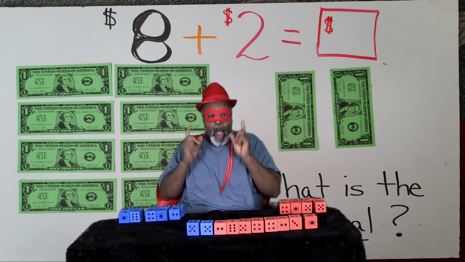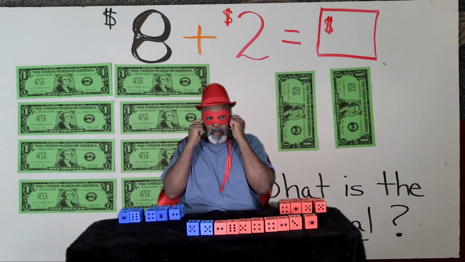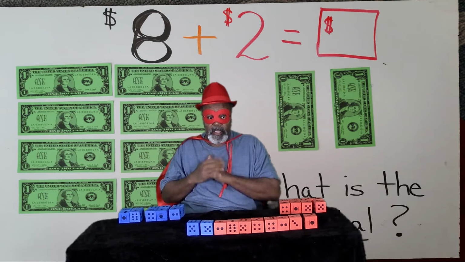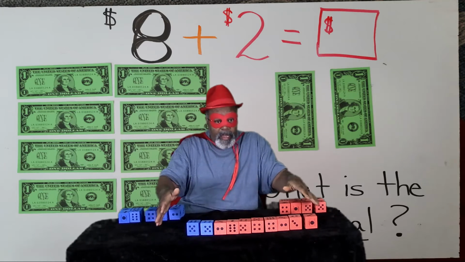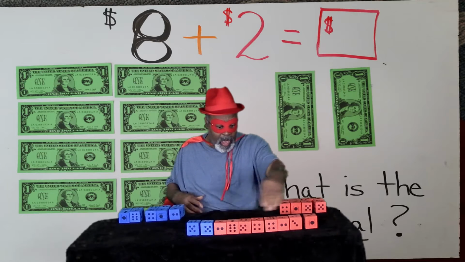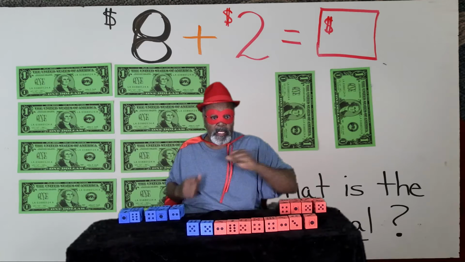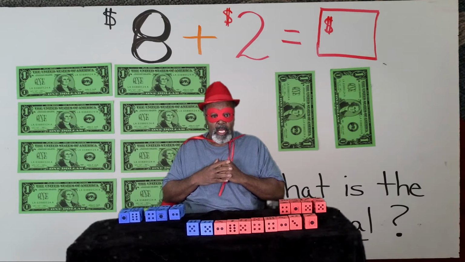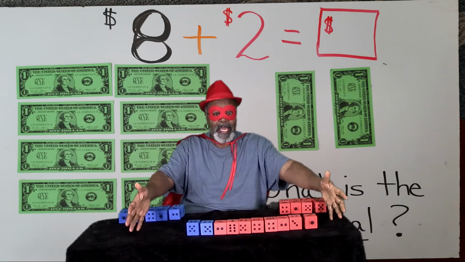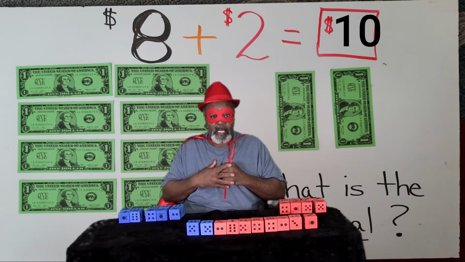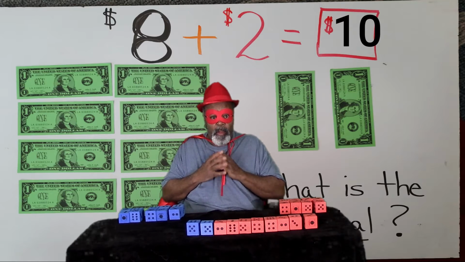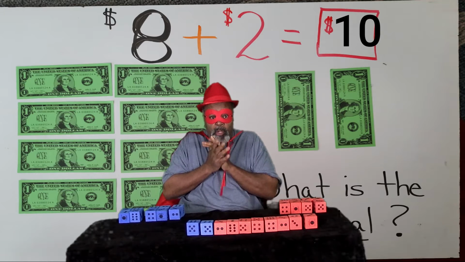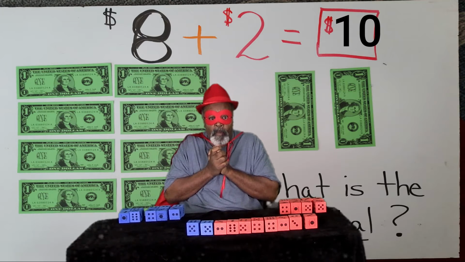So, our first answer using the numbers 8 and 2 and adding is 8 red dice plus 2 blue dice equals 10 dice in all. Very good. So we know how to add.